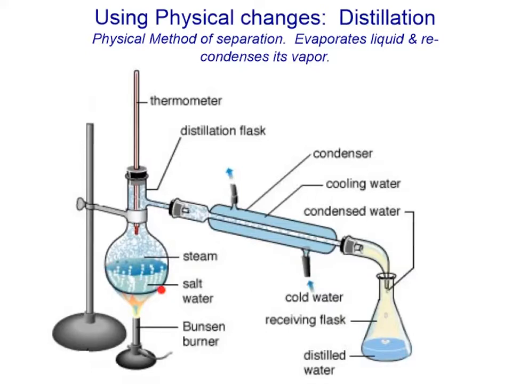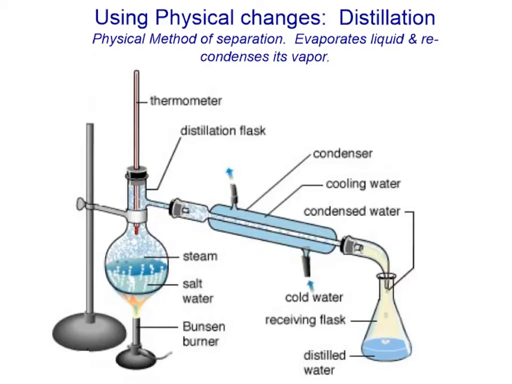If we put this into our flask and heat that flask up until the water reaches its boiling point, the liquid water will evaporate, it will vaporize here. And let's say we have a tube right here, and we run cold water on the outside of the tube, but we allow the inside to remain open. What happens when we vaporize the water and that water hits this cold area?